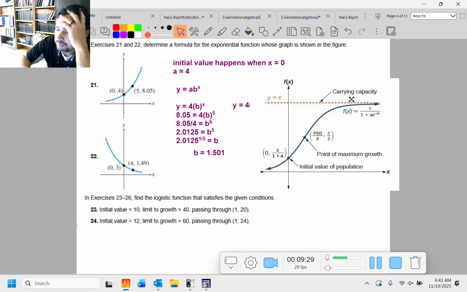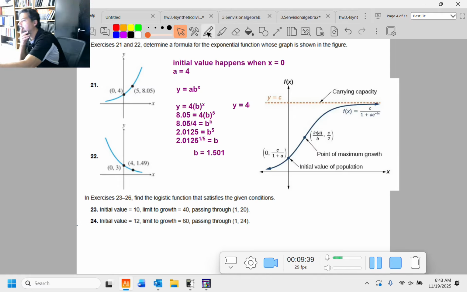We have a limit to growth being 40. That would be C. And we pass through 1, 20. That's to help you figure out what B is. So let's write down what we can. Limit to growth is C. The initial value is A. That's how it is.